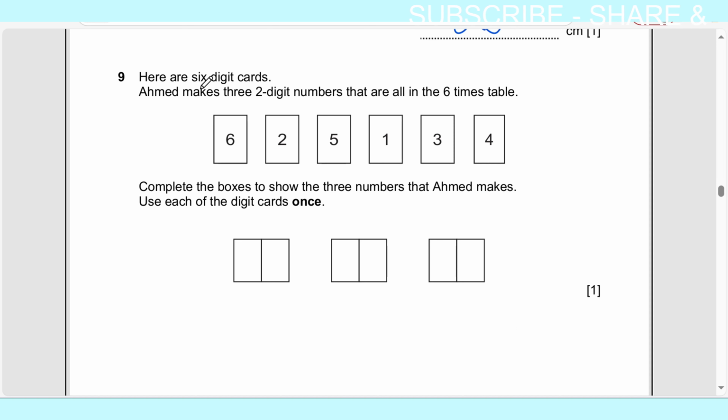Here are 6 digit cards: 6, 2, 5, 1, 3, 4. Ahmed makes 3 2-digit numbers that are all in the 6 times table. Complete the boxes to show the 3 numbers that Ahmed makes. Use each digit card once. Okay, let's check out the answer, guys.